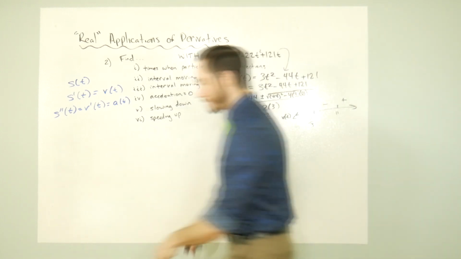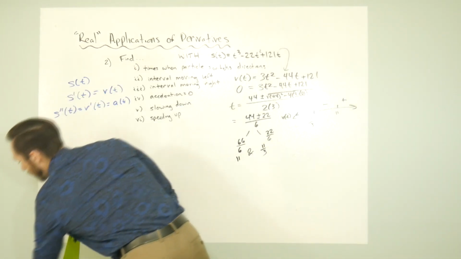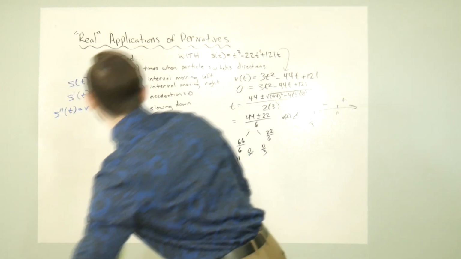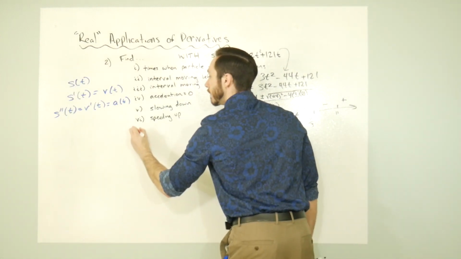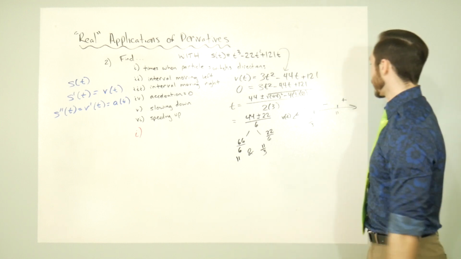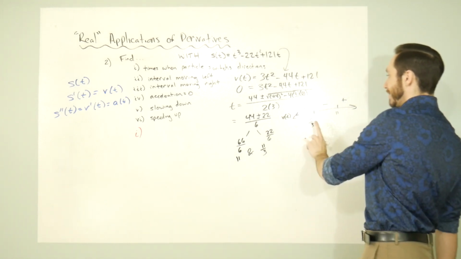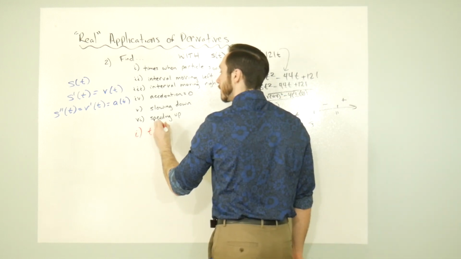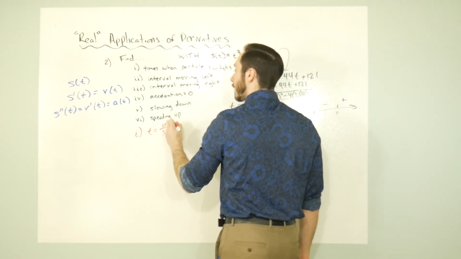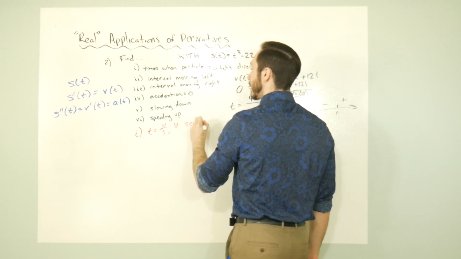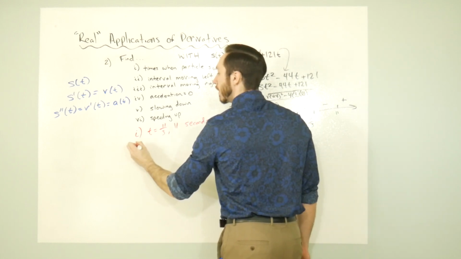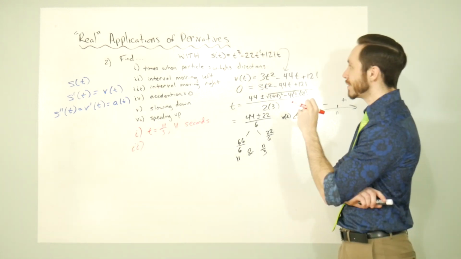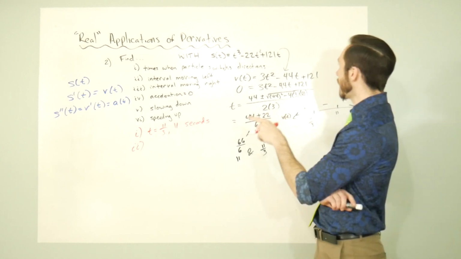So we actually implicitly answered some of the questions here. How about answers will be in red? I like that. So answer to the first part, when do I switch directions: indeed, I switched directions at 11 over 3 and 11 seconds. So when t is equal to 11 over 3 and 11 seconds. Second one, let's do the interval where we're moving left next.